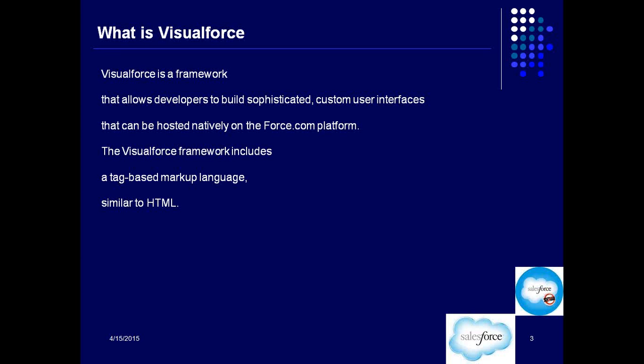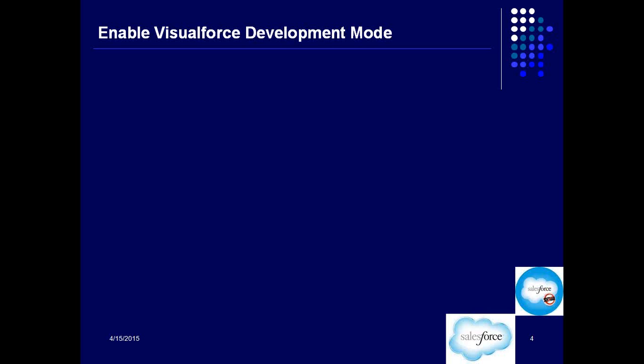Before you start creating a Visualforce page, you just have to make a small setup change in your personal settings so that you can view the code editor of the Visualforce page. You just have to enable the Visualforce development mode. Till the time it's not enabled, you will not see the code editor.